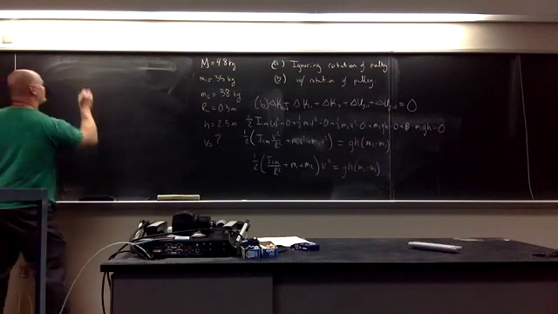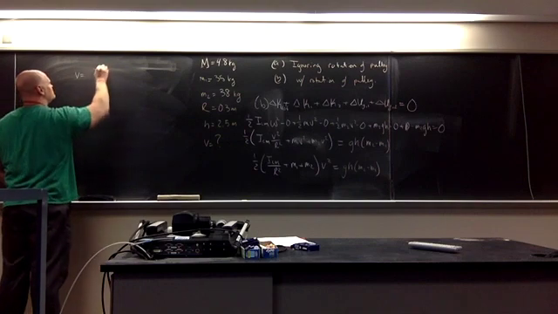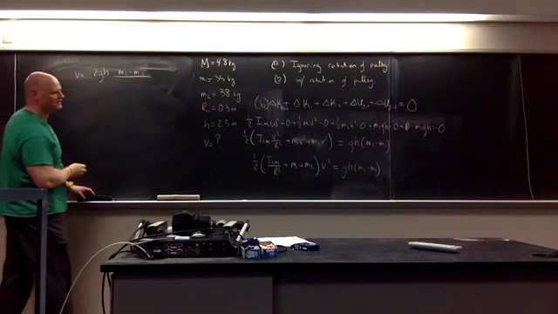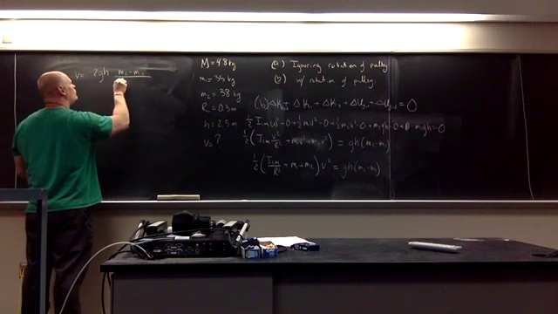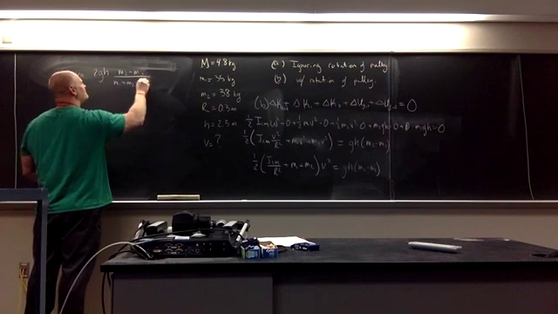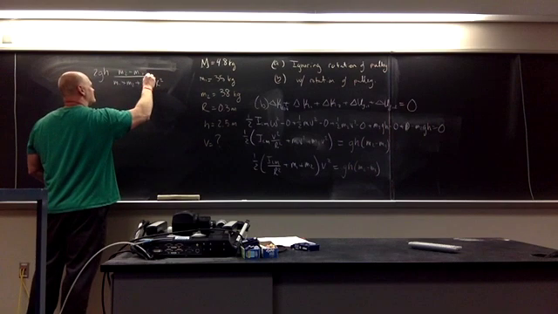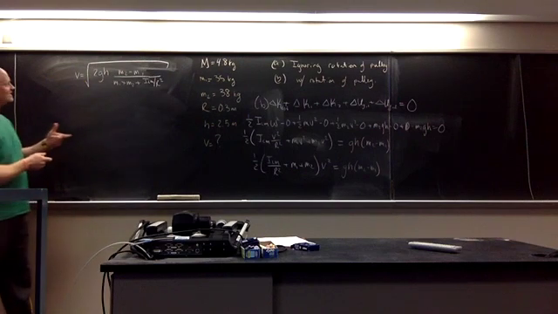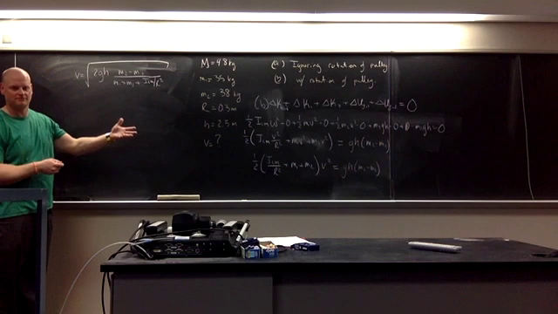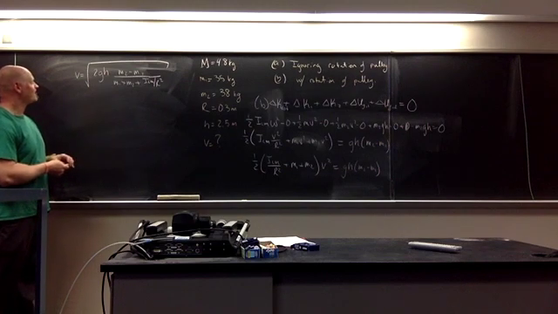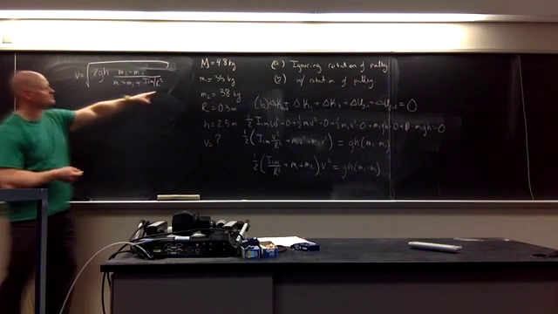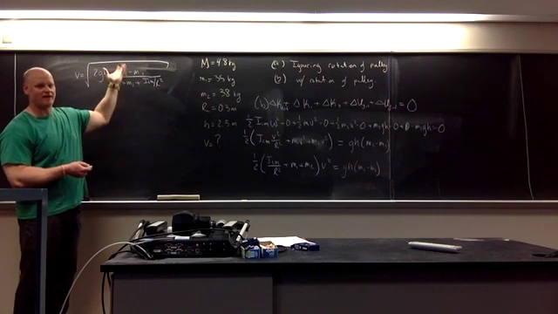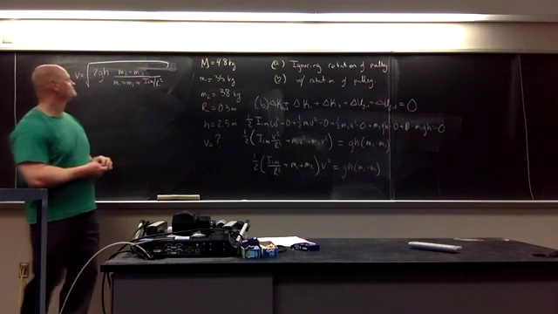This finally gives me that the velocity is the square root of 2 times g times h times (m2 minus m1), same as before, except now I get m1 plus m2 plus the moment of inertia divided by the radius squared in the denominator. Structurally, we can see that this will be less than the other one, because the denominator is becoming bigger by this extra factor. And if I divide by a bigger denominator, the result gets smaller.